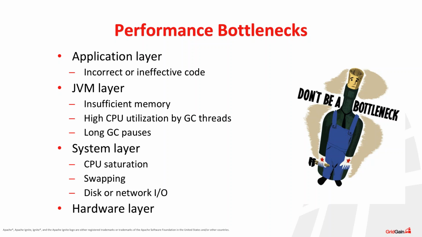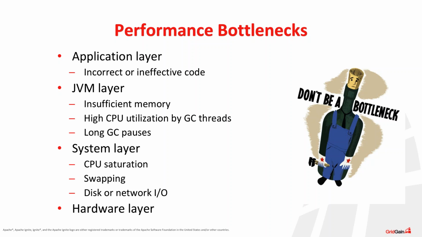Then there is the system layer, which is your operating system. Bottlenecks here are usually associated with things like CPU saturation, memory swapping to disk, and disk and network I/O problems because it's not tuned enough, and stuff like that.